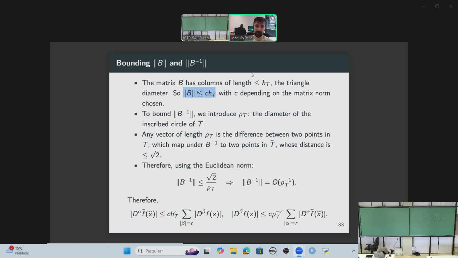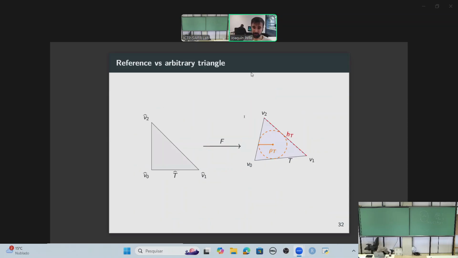But we also need to bound the norm of the inverse. So that's why we introduce this radius. And to see what the problem is here, why we need this quantity: B^-1 is the map that goes now from the physical triangle to the reference triangle.